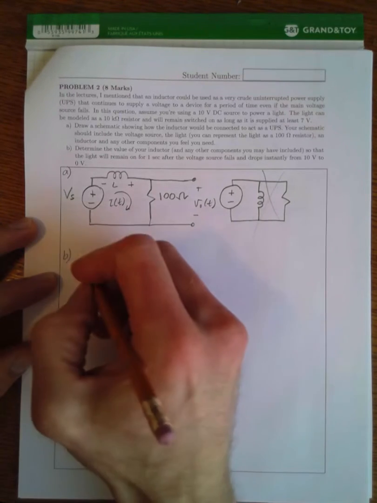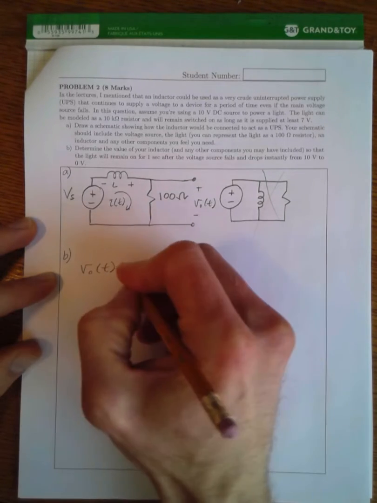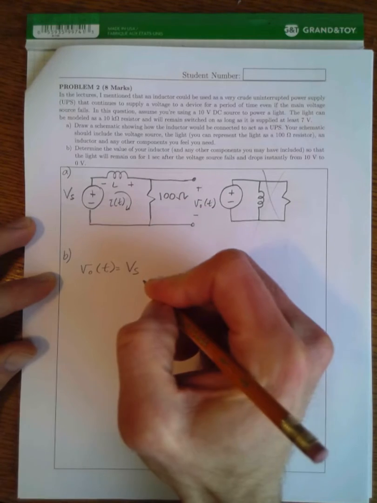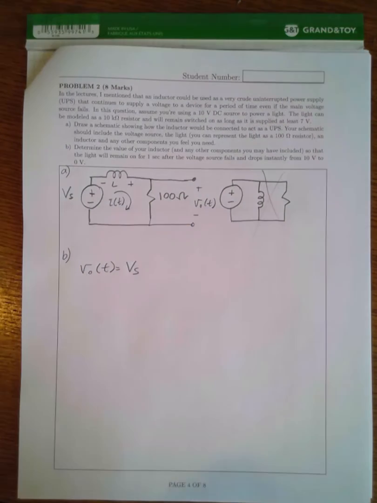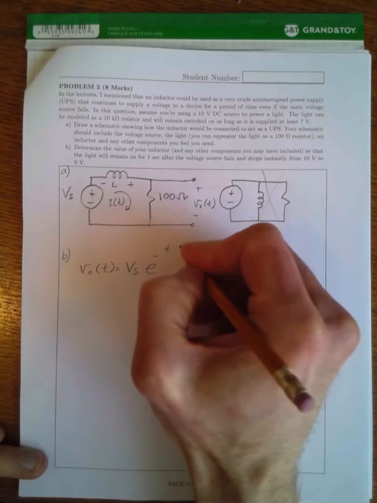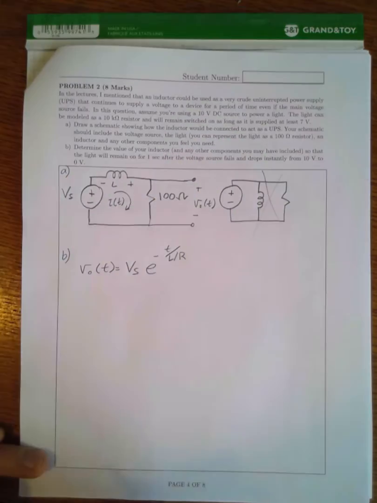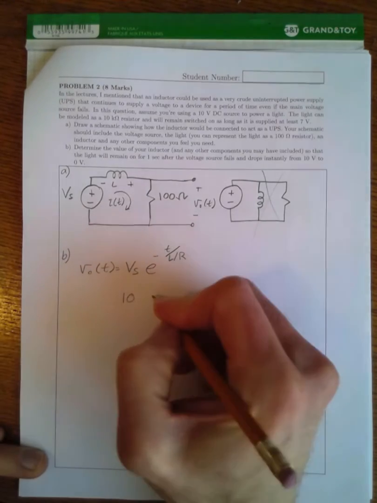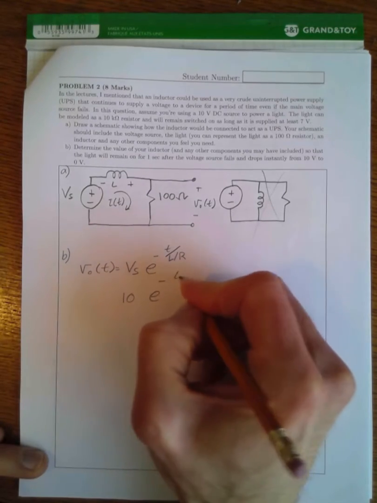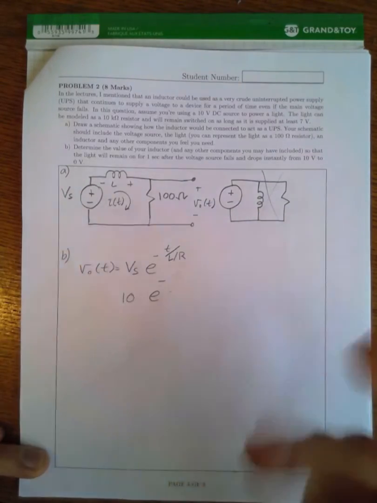And so V out of t is equal to our initial source voltage Vs, multiplied by e to the minus t L divided by R. And we substitute in 10 volts here, e to the minus t, and t is 1 second.